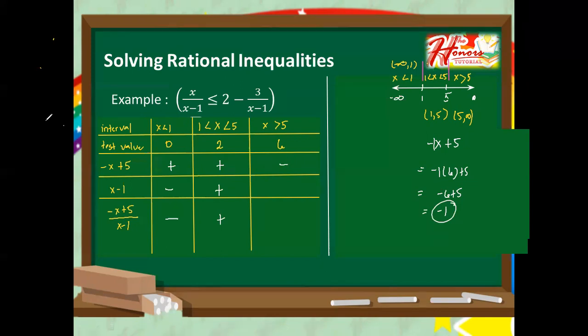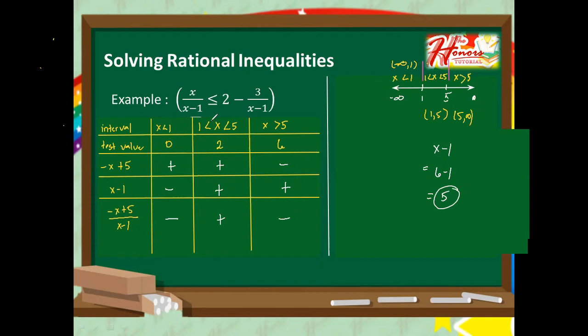Next, let's have x minus 1 here. X is 6 minus 1, so that's 5. Sign is positive. Negative divided by positive is negative.